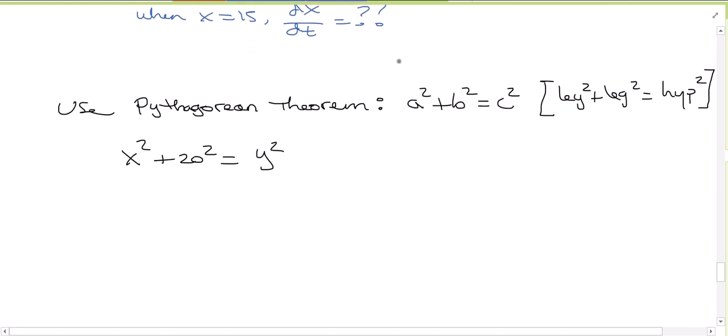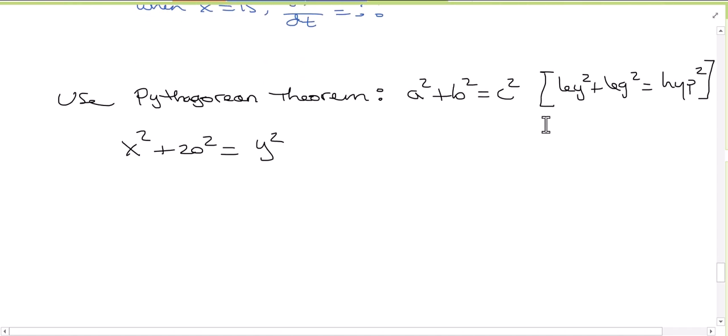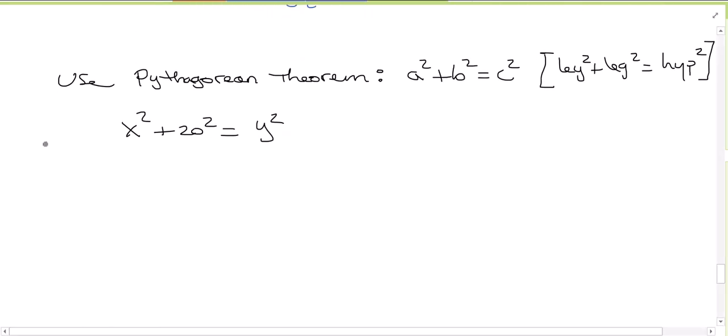So now we take the derivative with respect to the variable in the denominator of our dwats. So that will be with respect to t. So I'm going to say here, take the derivative with respect to t of both sides, implicitly.